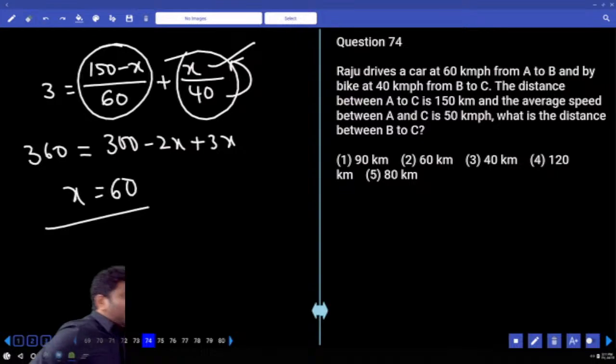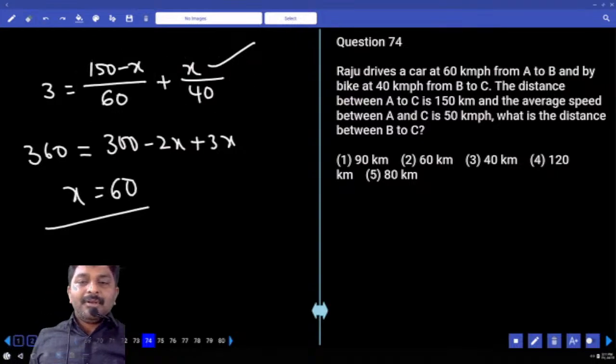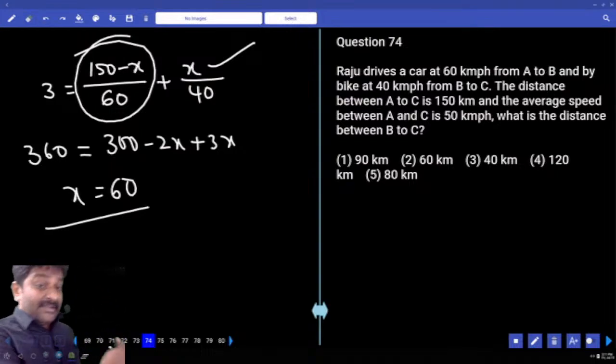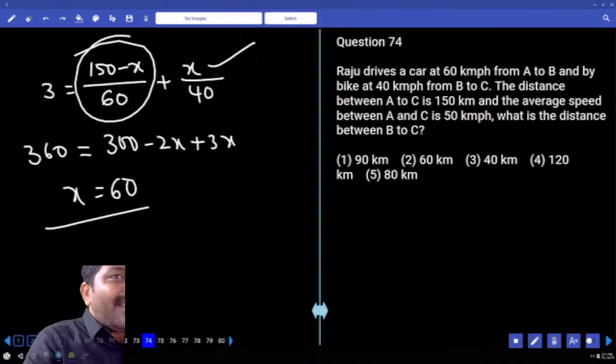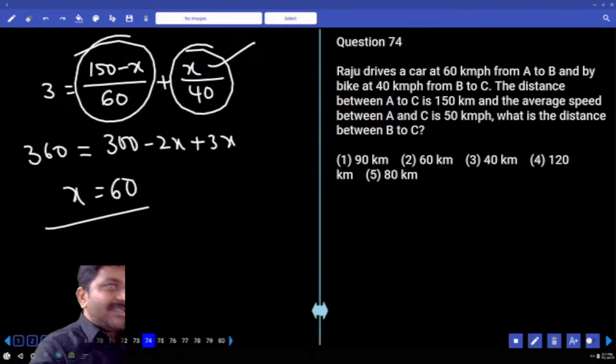Next multiple of 40. Look at your options. 80. 70 by 60 is more than 1 hour. 80 by 40, sum is more than 3 hours. Earlier you said more than 40, now less than 80. Go to the options, done.